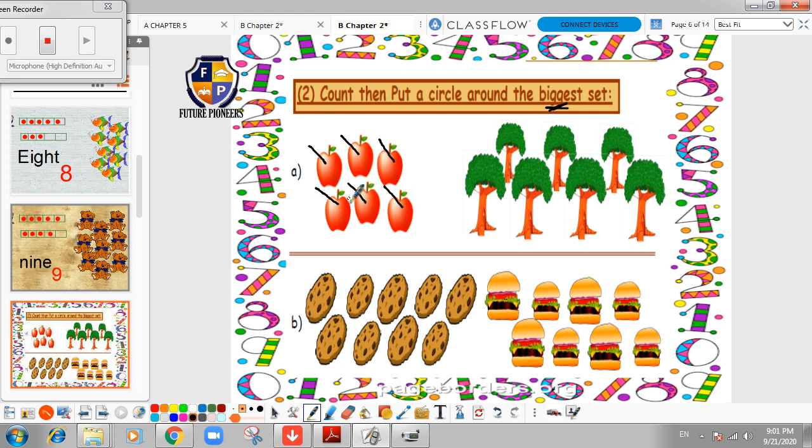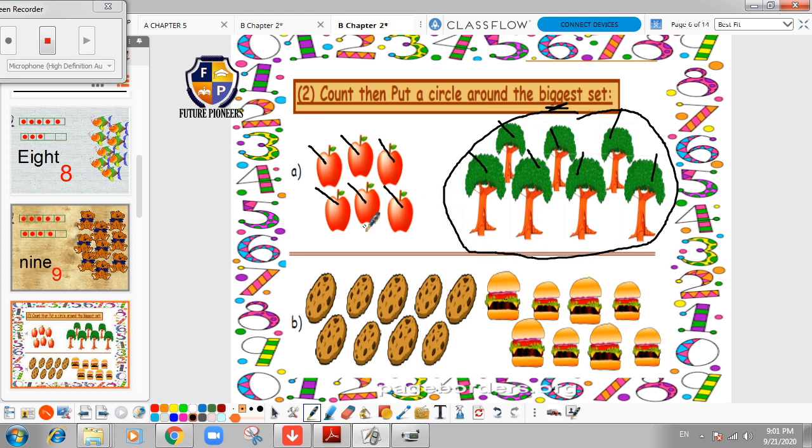And how many trees here I have? 1, 2, 3, 4, 5, 6, 7. I have 7 trees. So which set is biggest? Of course, the set of trees, because 7 is greater than 6. So I will put circle around the biggest set.